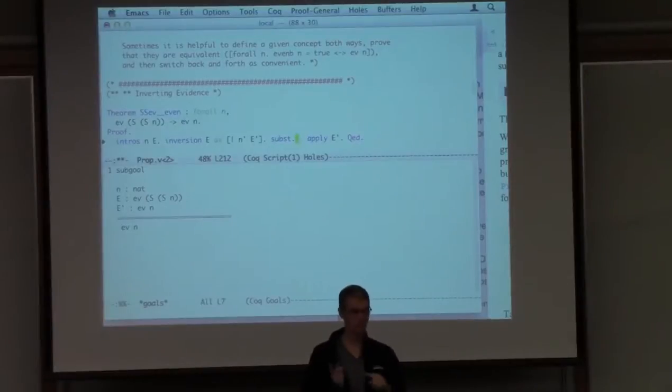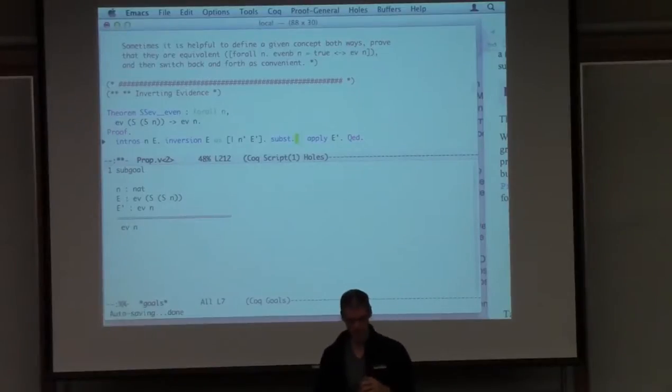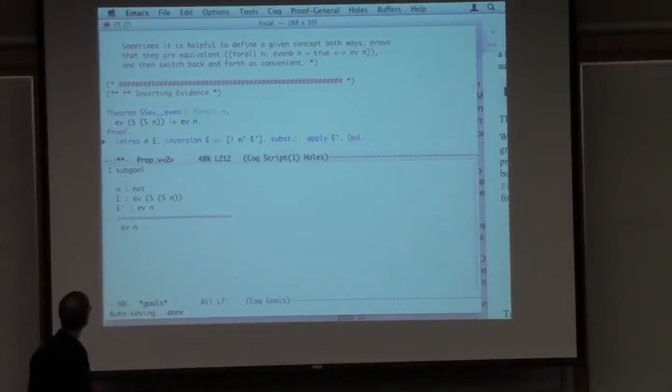So inversion followed by subst will in some way deal with all of the equalities that get generated. Often the equalities are between two variables, and then it just chooses one. So you can't necessarily quite predict what the names are going to be in what comes out. But what comes out is generally so much simpler that you don't care. So here, basically it's reduced what we need to show to something trivial.